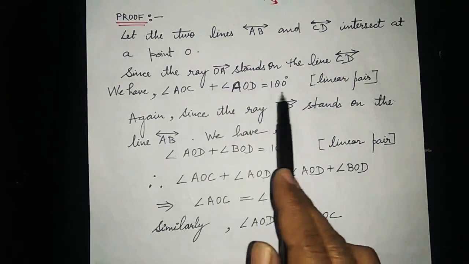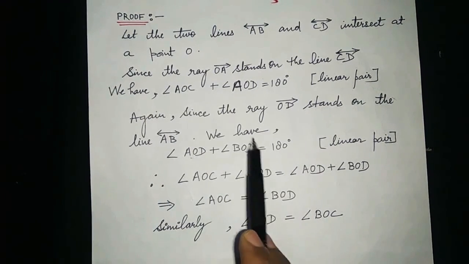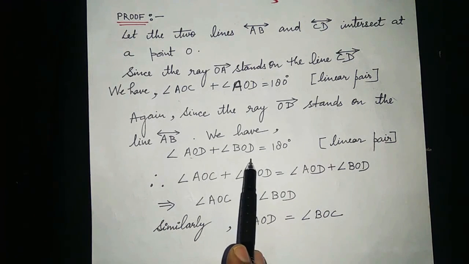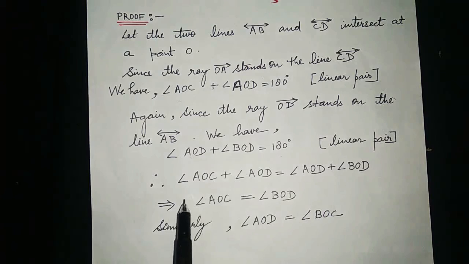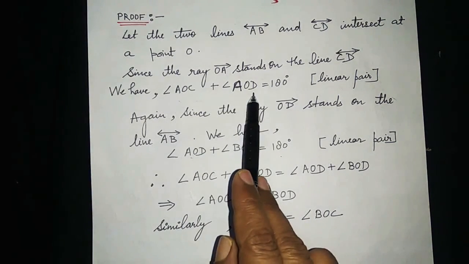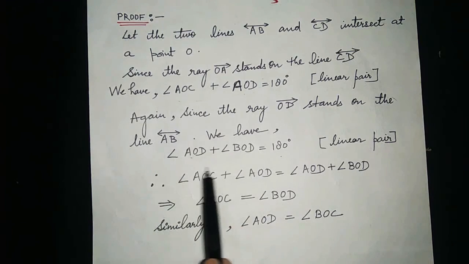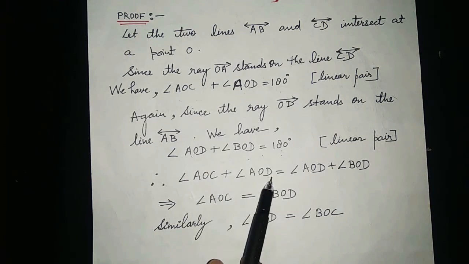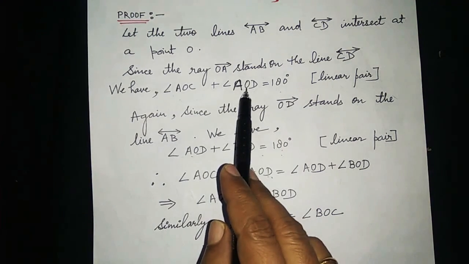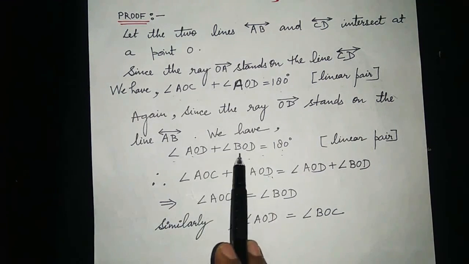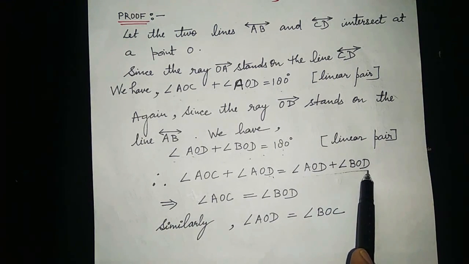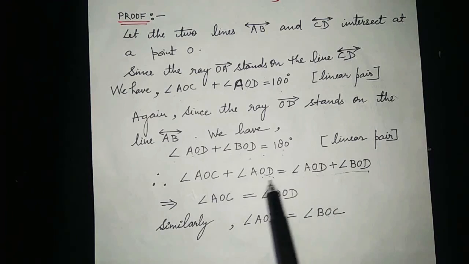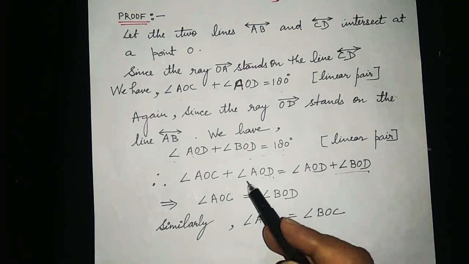Now after writing these two steps, you can see the sum of these two angles is equal to 180 degree, and the sum of these two angles is also equal to 180 degree. That means the left hand side of this step is equal to the left hand side of this step, because the sum is same. So you will write it like this, angle AOC plus angle AOD is equal to angle AOD plus angle BOD. Now in this step AOD and this AOD, you can cancel, and here what will remain?